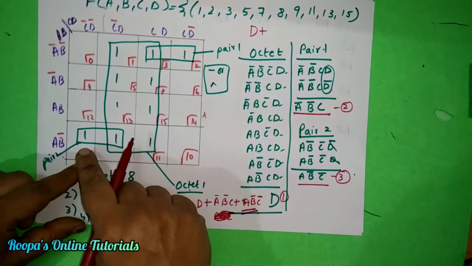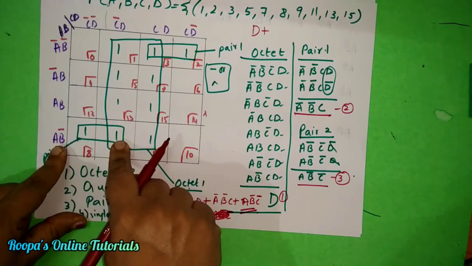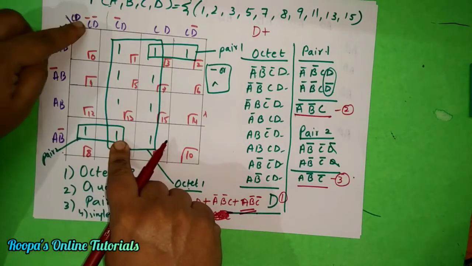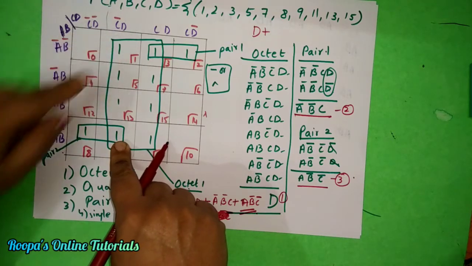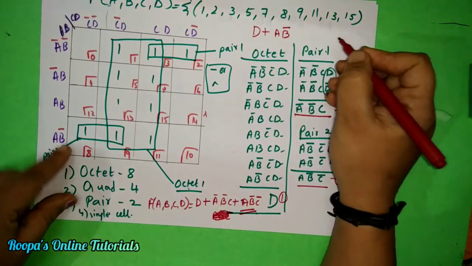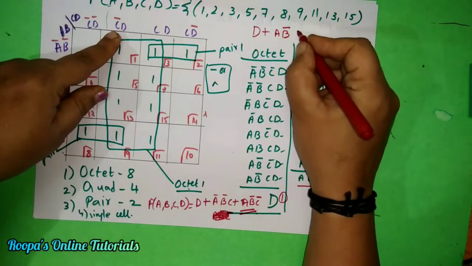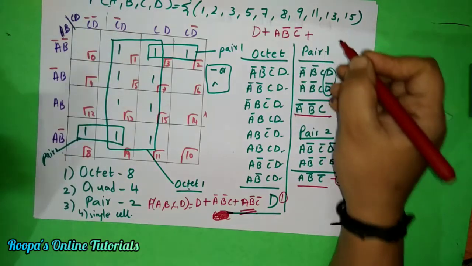The second thing you can do is here. This is AB complement. So for both AB complement is there. Here it is C complement, and D complement has become D. So for both AB complement is there. So you will write AB complement as it is. And C complement is also same. It is not changed. But whereas D has changed to D complement. So that is also there.